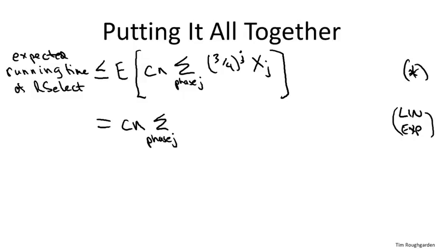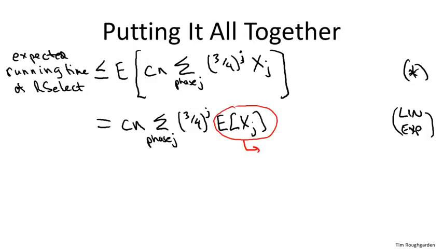Here's where we do it. Linearity of expectation says the expectation of a sum is the sum of the expectations. So we yank the c and the n outside of the expectation, we yank the sum over phases outside, we yank the 3/4 raised to the j outside, and then we just have the expected value of X_j, the average number of recursive calls we expect to see in phase j.